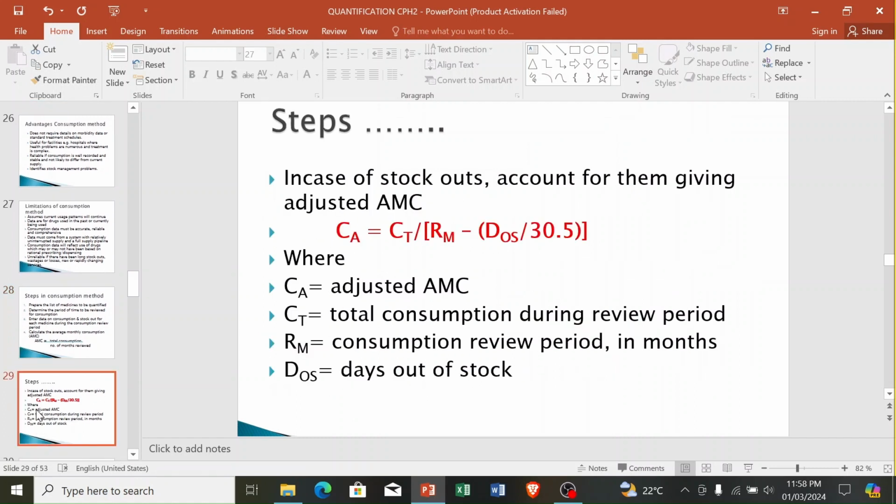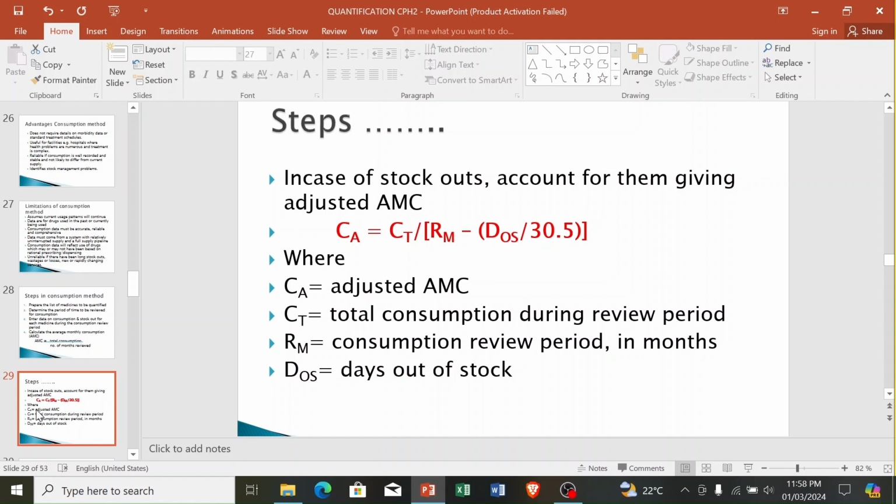We say that in case of stockouts, account for them, giving adjusted average monthly consumption. So adjusted average monthly consumption is equal to the total consumption during the reviewed period, divided by the consumption review period in months subtracted from days out of stock divided by 30.5.